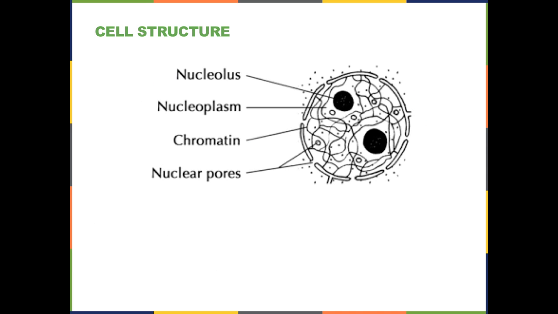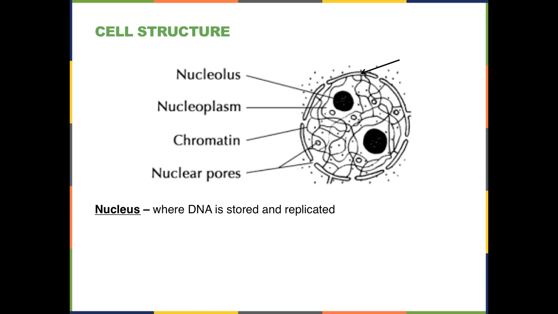The nucleus is made up of several structures shown in this diagram here. First of all, the nucleus itself is where the DNA is stored and replicated, and it's stored in the form of chromosomes and histones, which are proteins that are associated with the chromosomes.